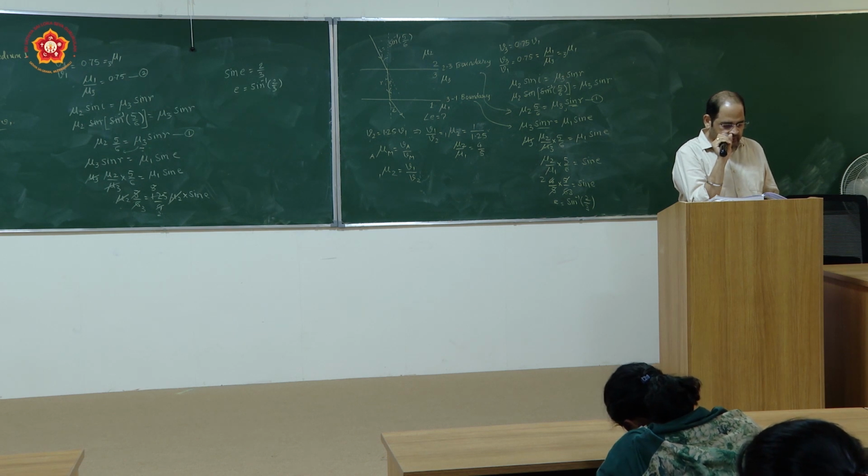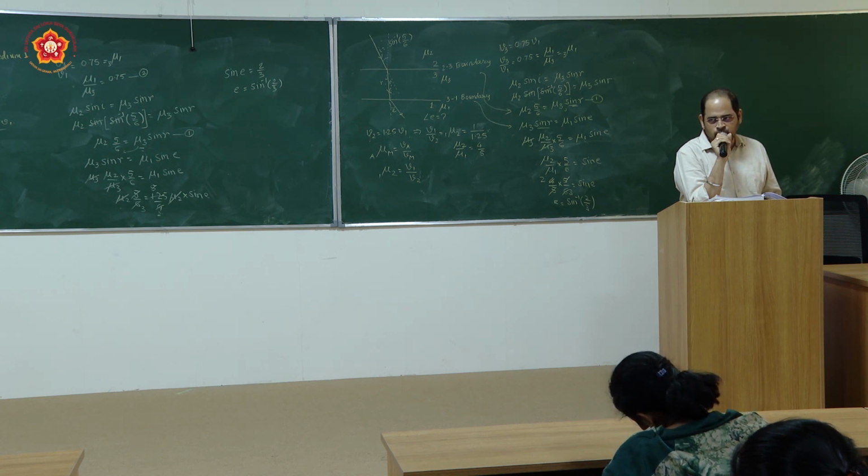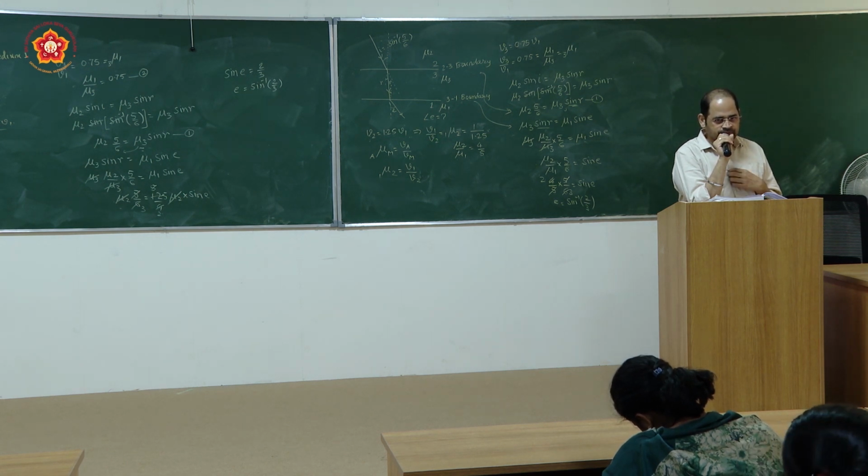What should be the relation between I and mu so that the reflected and refracted light are mutually perpendicular?